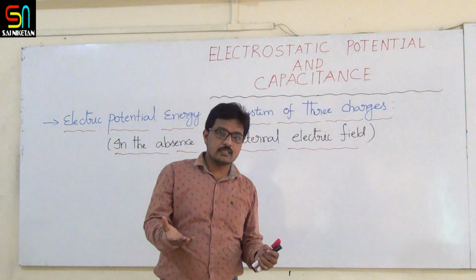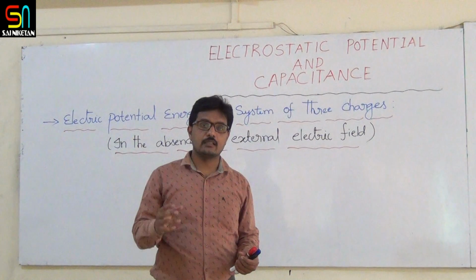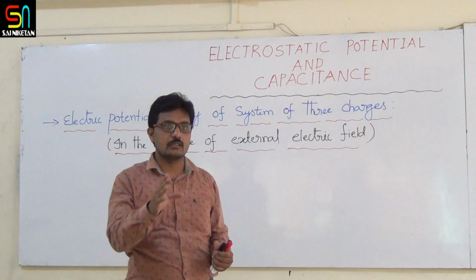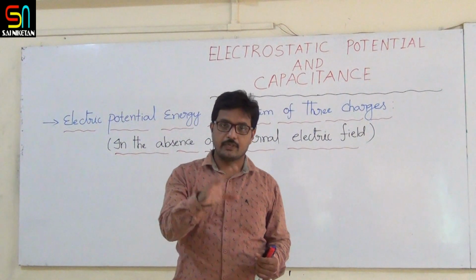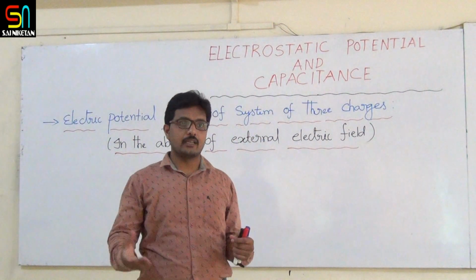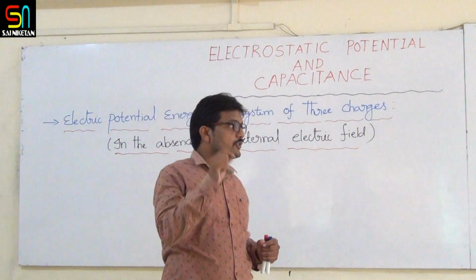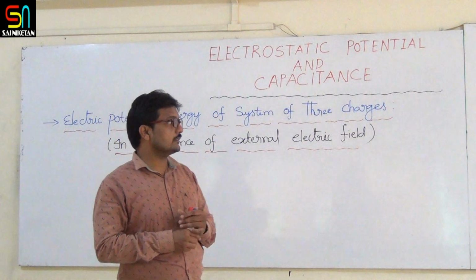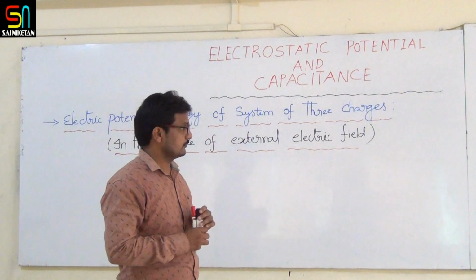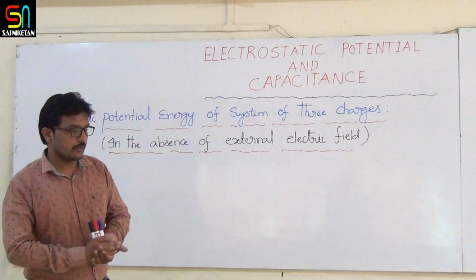The second one is the self-energy, and the self-energy we will discuss later. That is an additional topic that is not in our syllabus, but for competitive exams we will discuss the self-energy briefly. But this potential energy we can discuss only in the case of conservative forces. It is applicable only in the case of conservative nature.